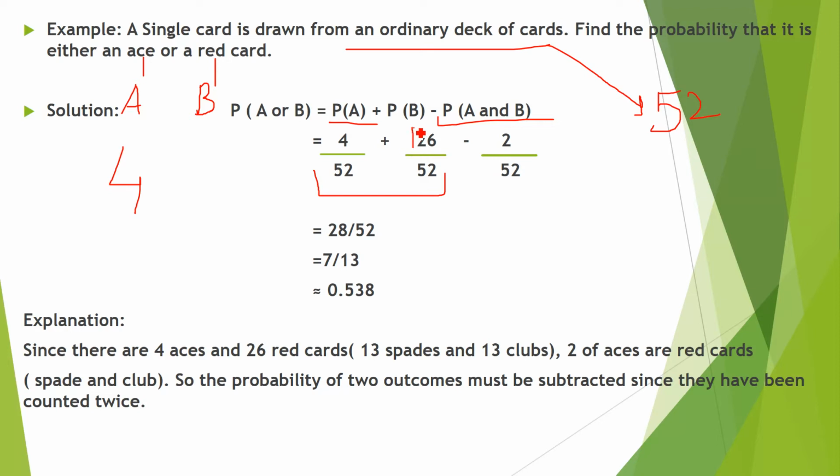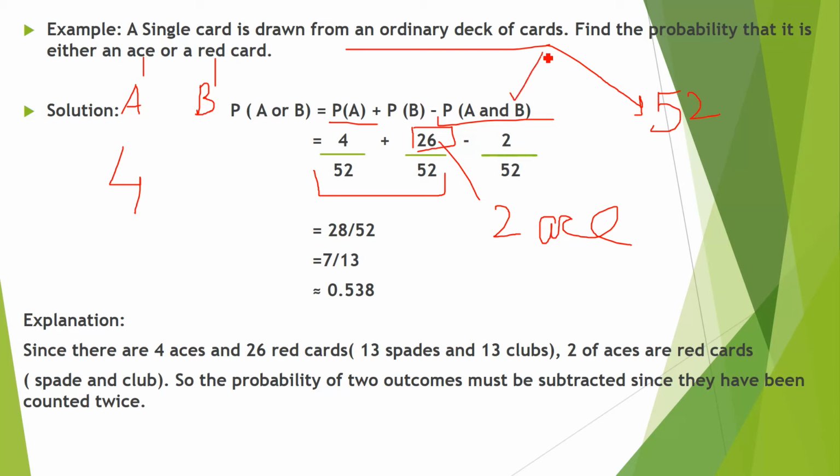Out of these 26 red cards, we have 2 aces as well, right? 2 aces are also included in these 26 cards. And we have mentioned 4 aces here as well. So these are the duplication. There are 2 aces which are duplicated here, so we have to subtract that, minus 2 over 52.